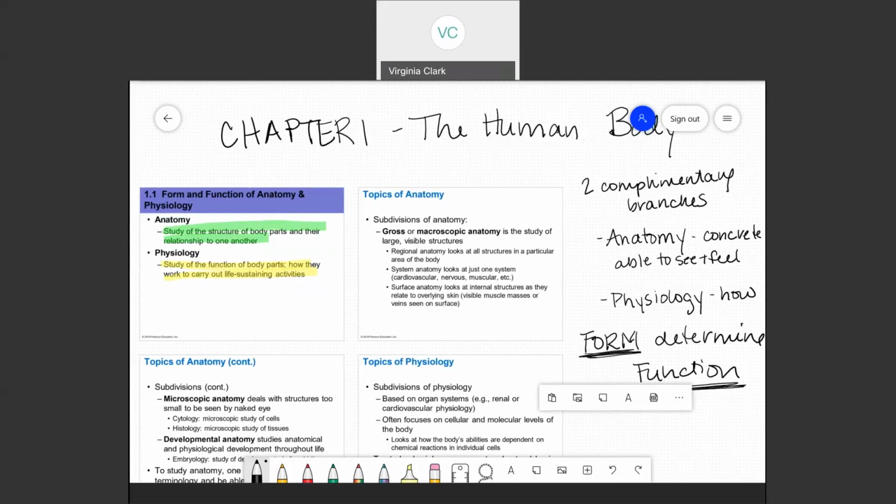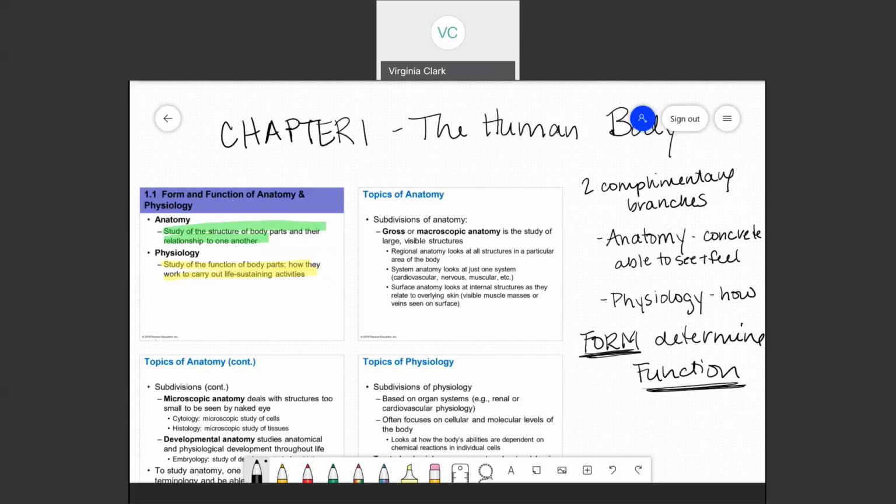So this class is going to start with the foundation of what is the normal or typical anatomy and the typical physiology. Think about a car: it is able to roll on wheels because those wheels are round. If the wheels were square, the car wouldn't be able to roll. So the very basic foundation is that the structure has to be the specific structure in order for it to do its specific function.